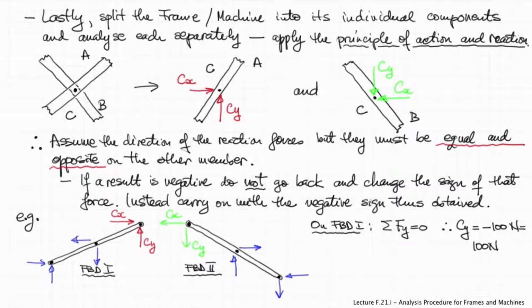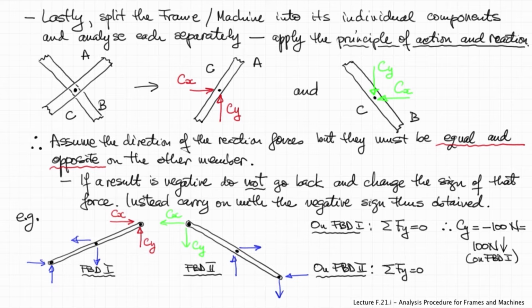So therefore the reaction force on the other free body diagram will have the opposite sign. Then on the second free body diagram, if you write the same equation of equilibrium, then you should carry the sign.